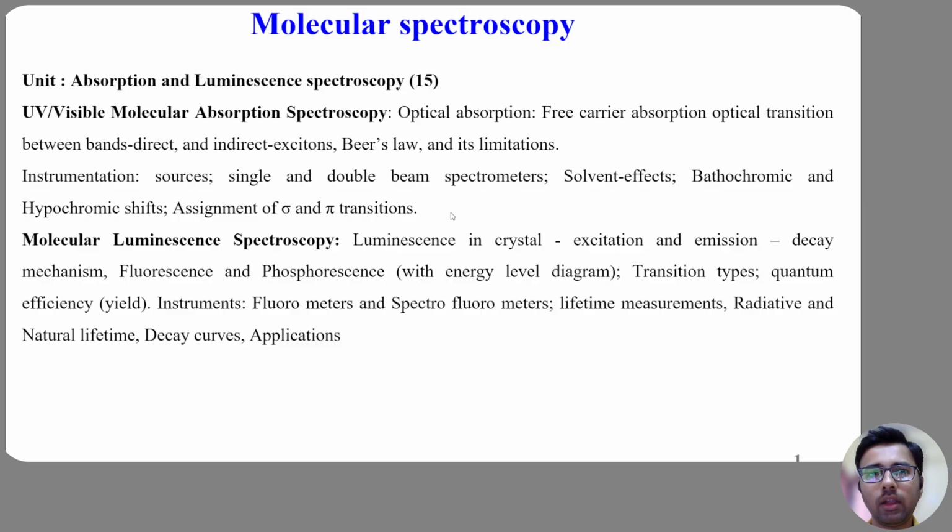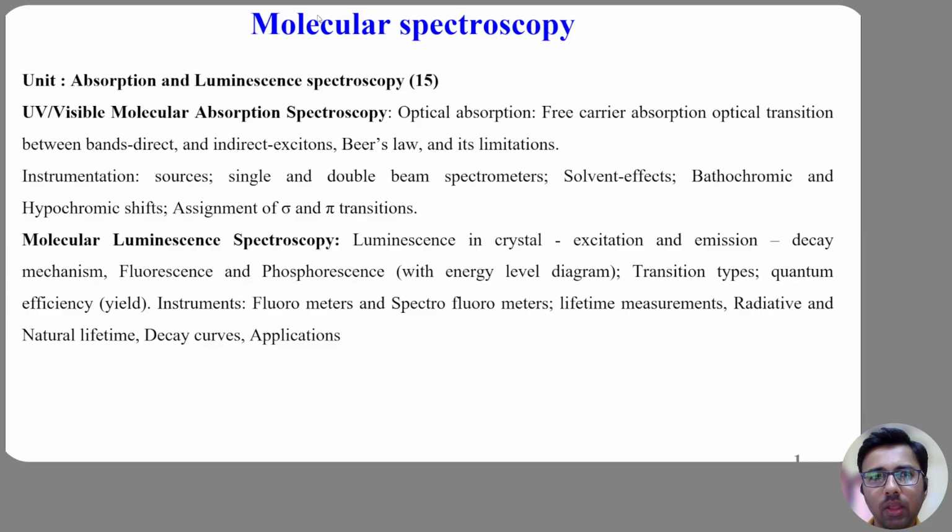When light falls on a molecule, photons may transfer energy to electrons. As a result, electrons move from lower energy state to higher energy state. This process is called optical absorption. We will begin by studying the fundamental absorption mechanism.